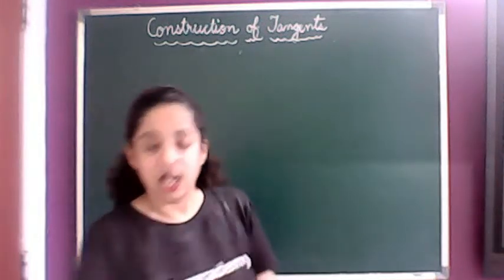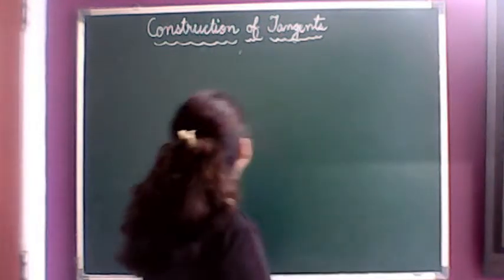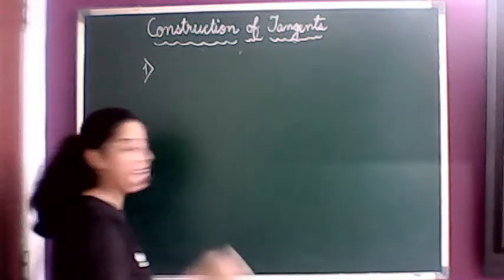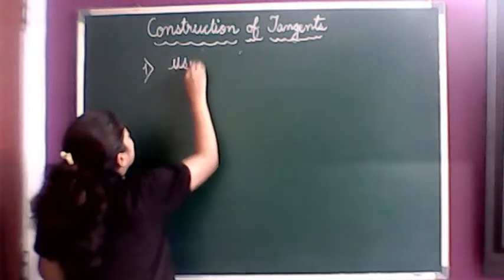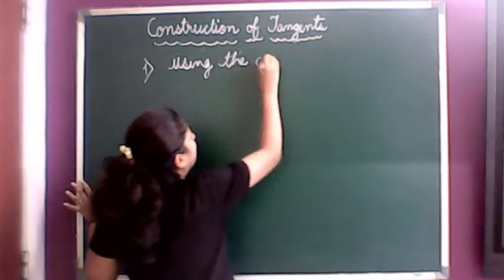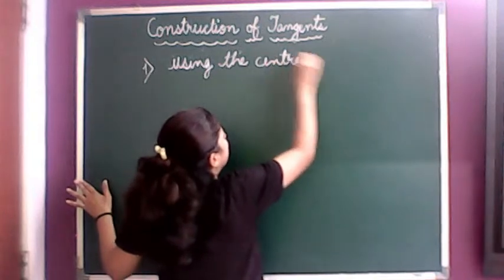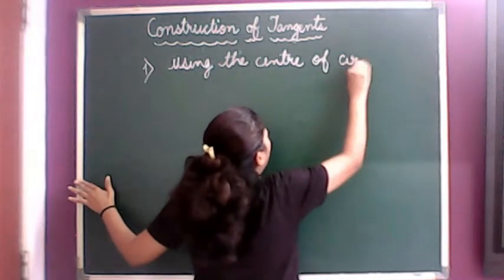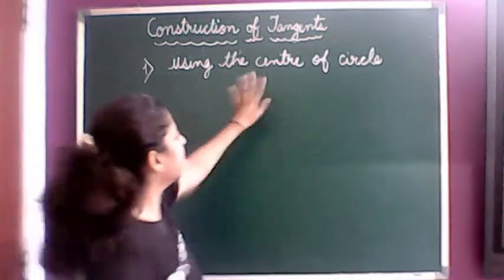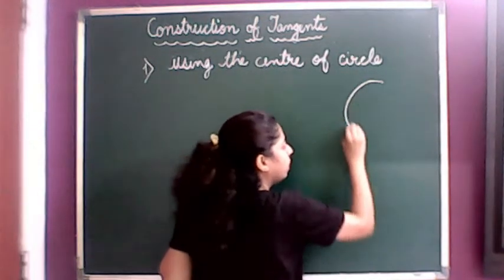So let's revise again all the three methods. What was the first method? Drawing of tangents using the center of the circle. Okay, so let's draw quickly. What is the first step? Drawing a circle. Which property will we use?